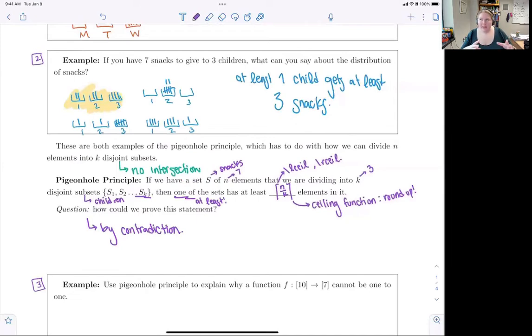But if you didn't have that many distributed among your K sets, you wouldn't have enough objects to begin with. You'd say, okay, I have less than N over K at every possibility. I've got K sets, so now I have less than N elements, and it doesn't work. So take a second and try to prove it to yourself or read the proof that's in the text. But really, contradiction is the way to go here.